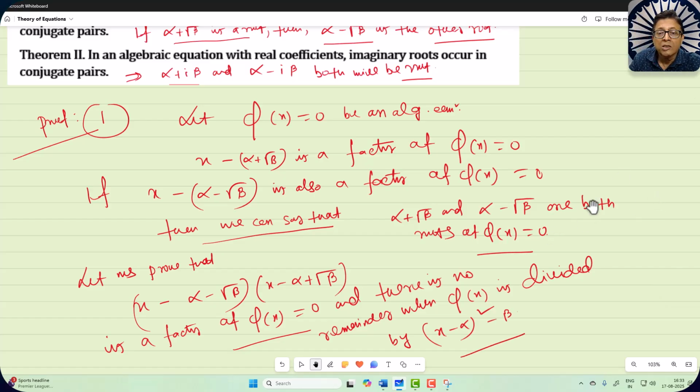Okay? So how to prove this? That phi x is completely divisible by this and no remainder is left over there.